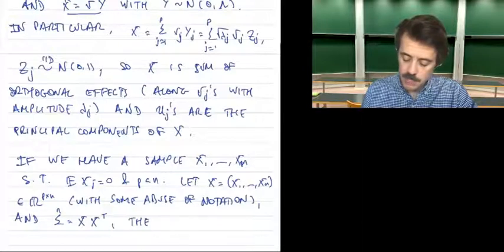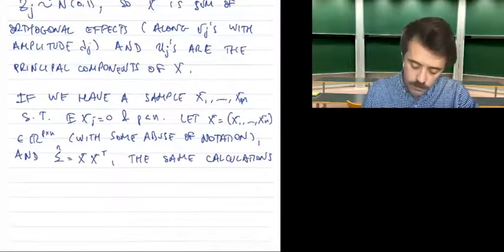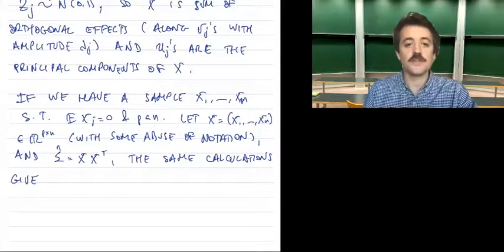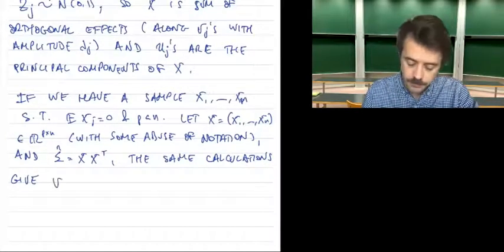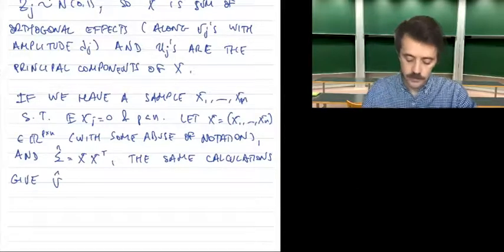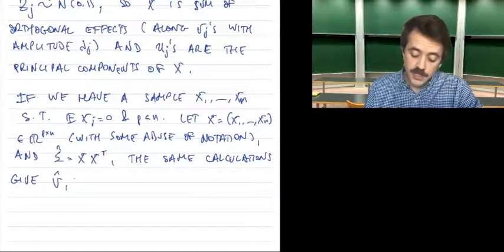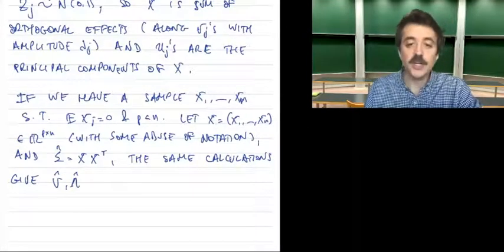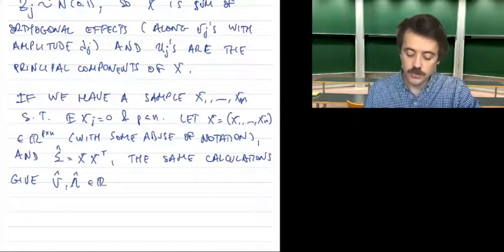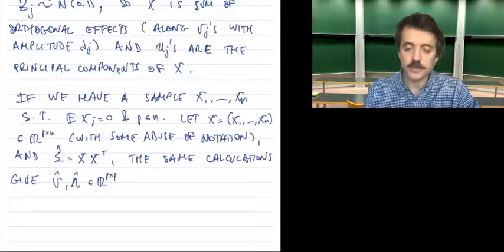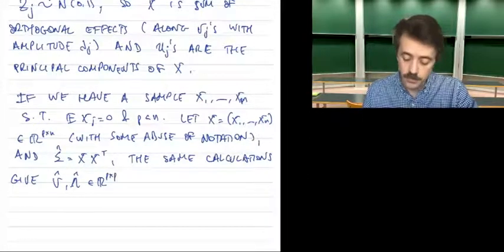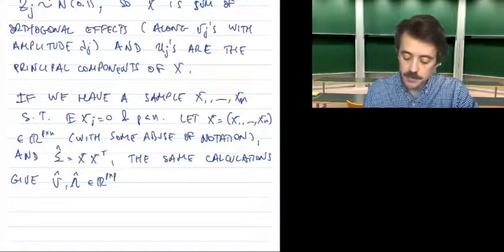Then the same calculations give matrices like the ones we've had so far, and these two are going to be matrices of size p times p.